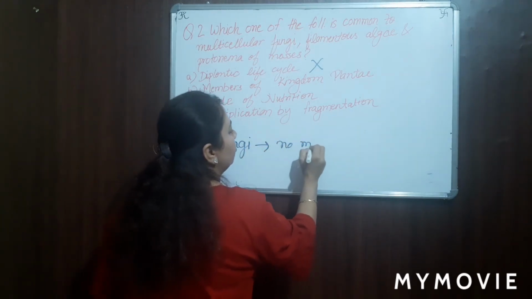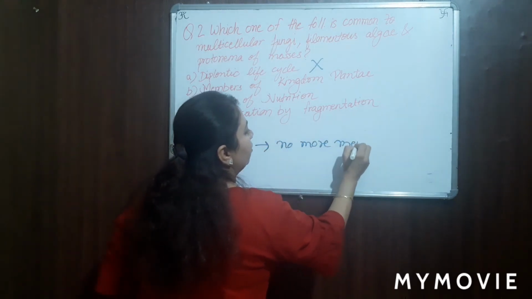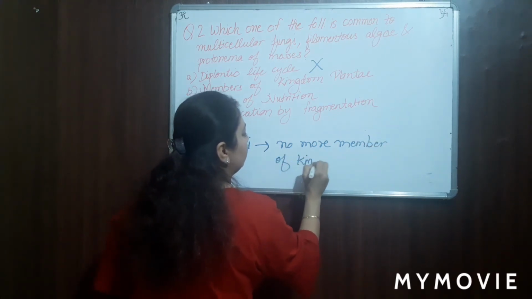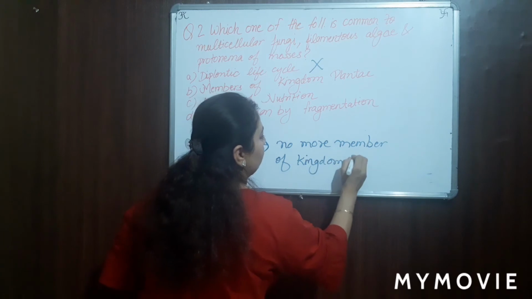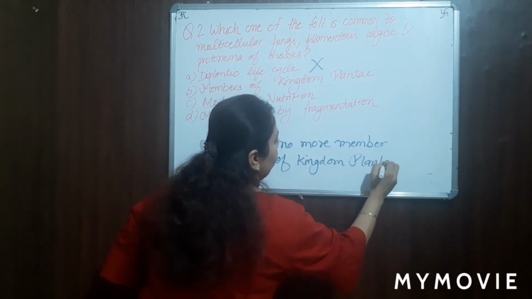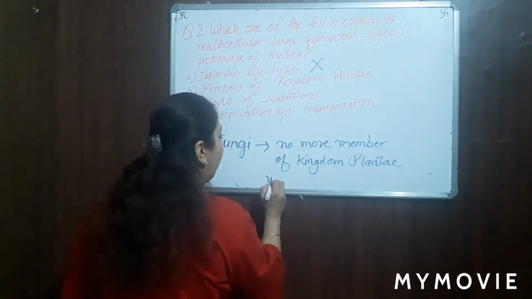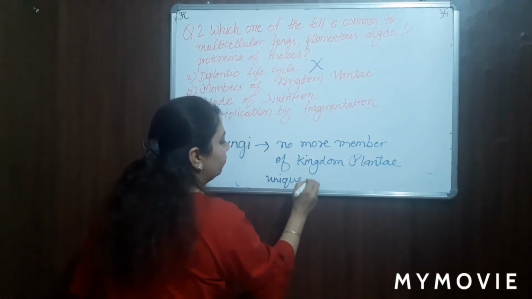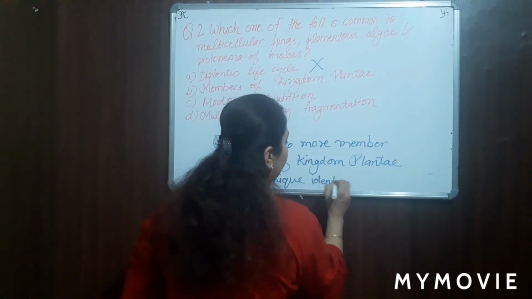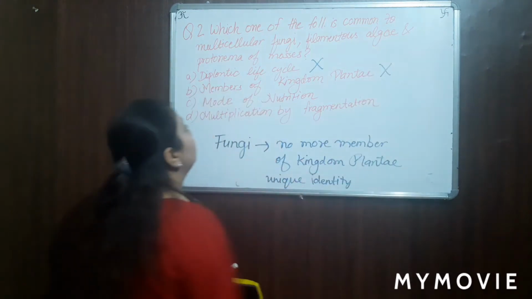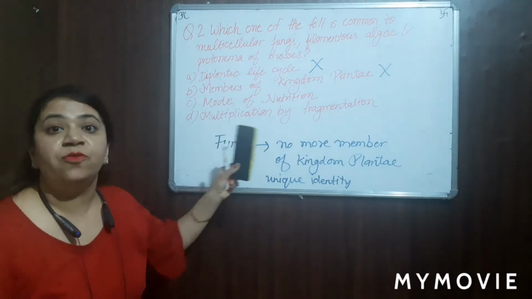Fungi is no more member of kingdom Plantae. It has a unique identity of its own. Right? So this option is also incorrect. Now the third one is mode of nutrition.